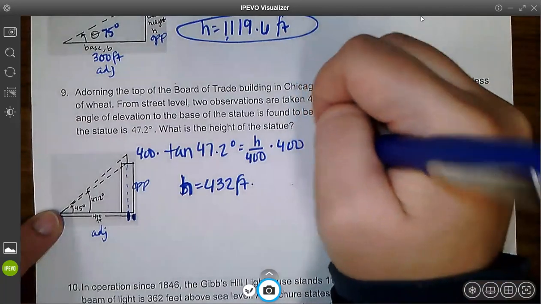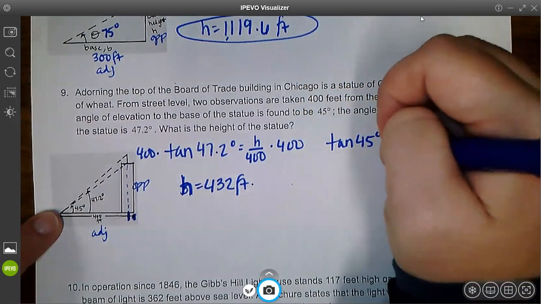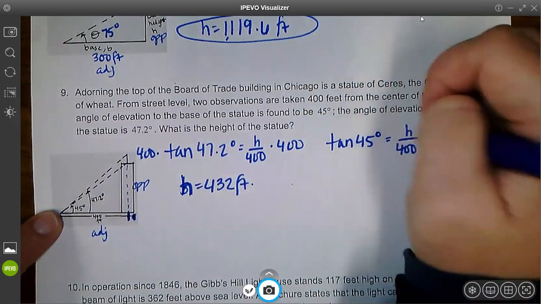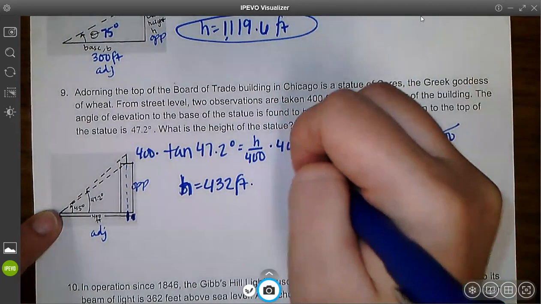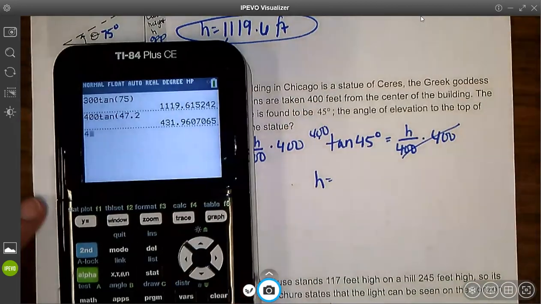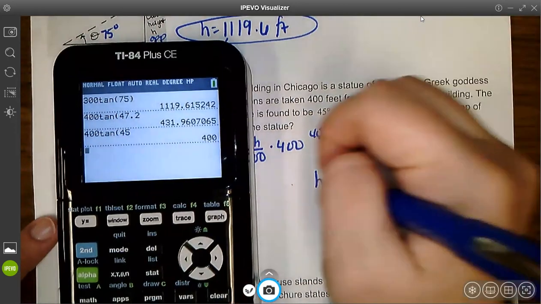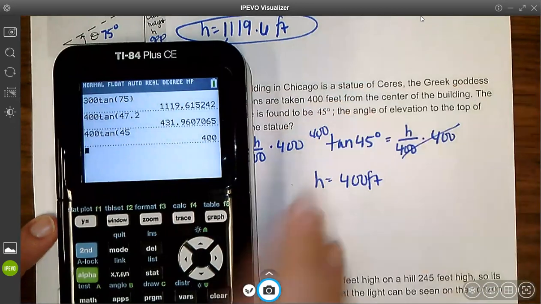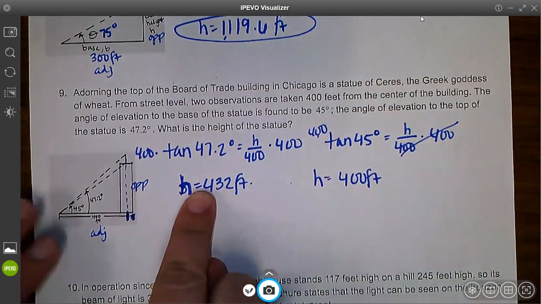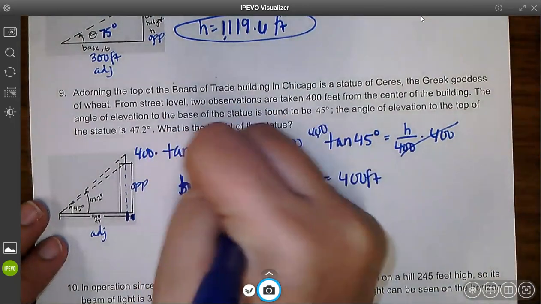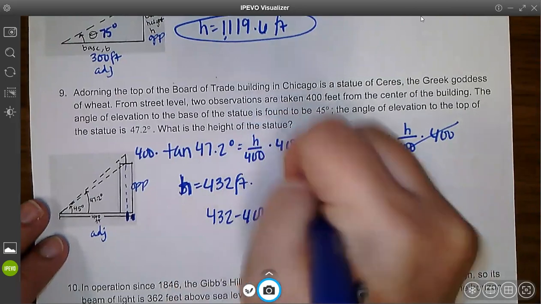So I have the tangent of 45 degrees equals the opposite over the adjacent. Multiply both sides by 400. And this one, you get the height is 400 times tangent of 45, which is 400. So the height of the building is 400 feet. The height of the building and the statue is 432 feet. Subtract those 2 from each other, and you get the statue is 32 feet tall.